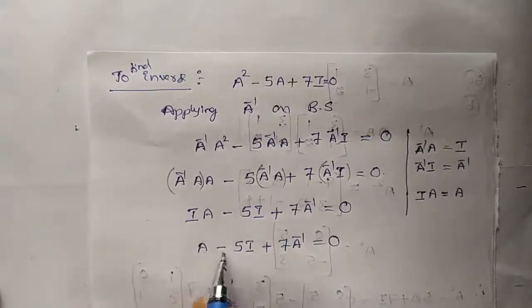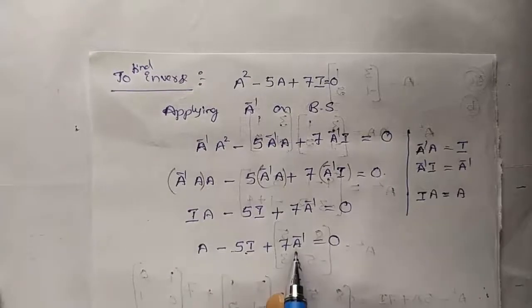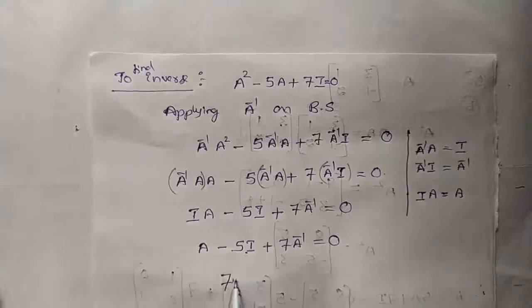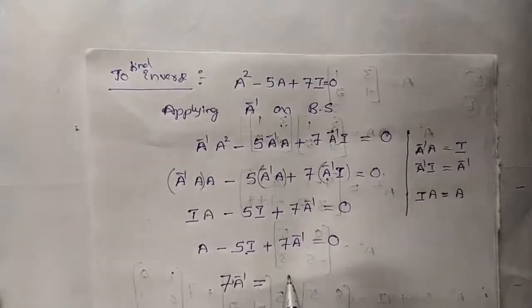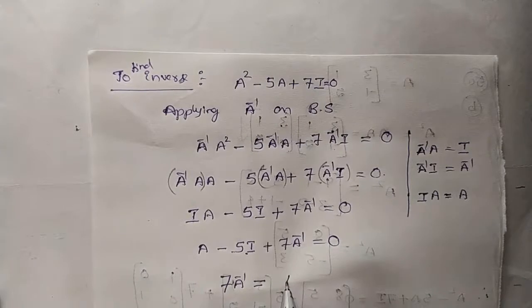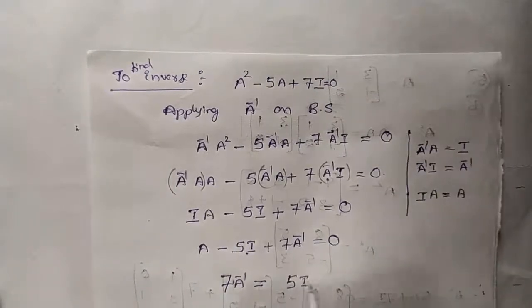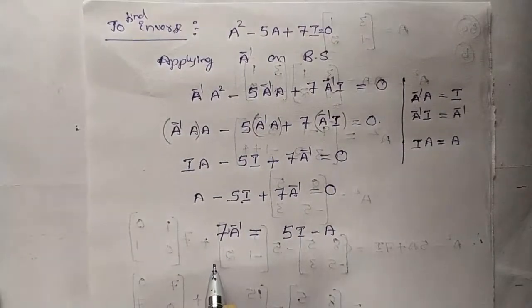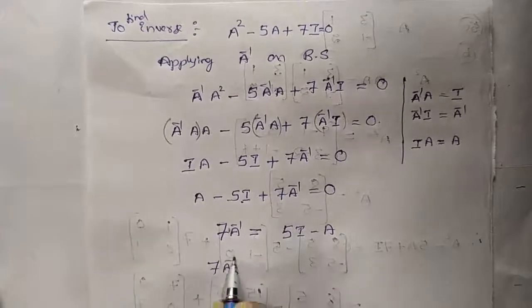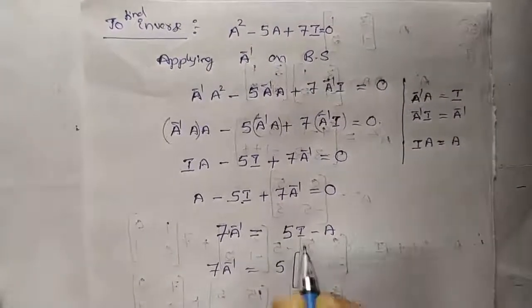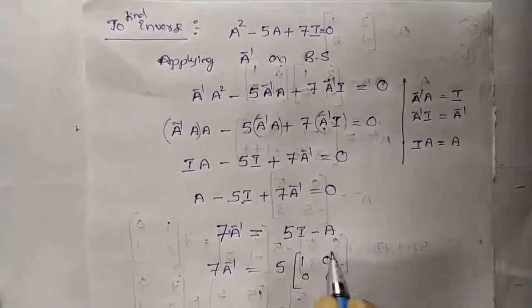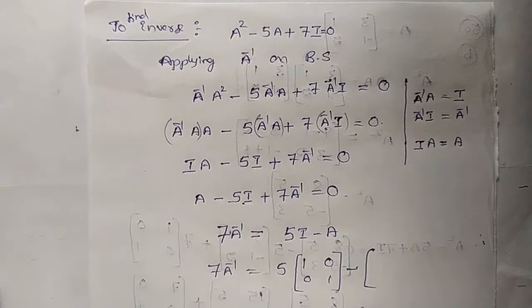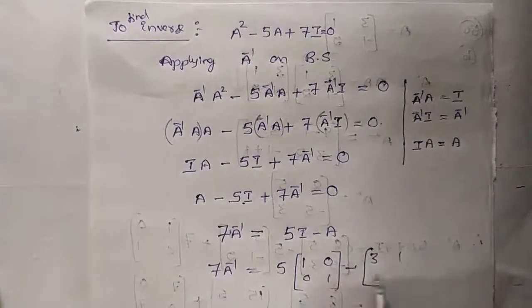We want A inverse, so send this A minus 5I to the right. 7 A inverse, keep it as it is on the left hand side. Send A minus 5I to the right. Then 5I minus A we will get. 7 A inverse is equal to 5 into I, which means identity matrix 1, 0, 0, 1, minus A. A means the given matrix, which is 3, 1, minus 1 and 2.